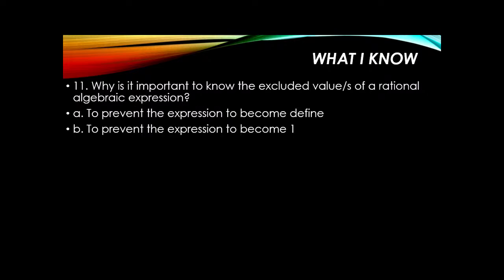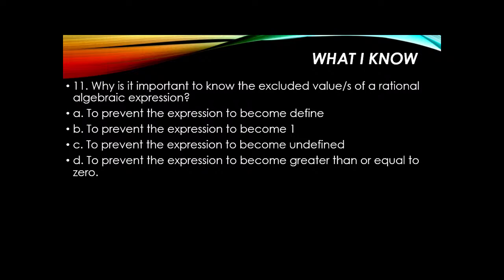Number 11. Why is it important to know the excluded value or values of a rational algebraic expression? Letter A, to prevent the expression from becoming 1. Letter C, to prevent the expression from becoming undefined. And letter D, to prevent the expression from becoming greater than or equal to 0.